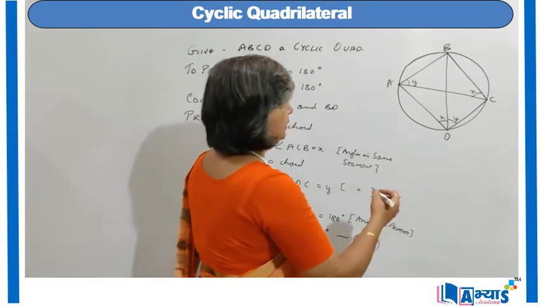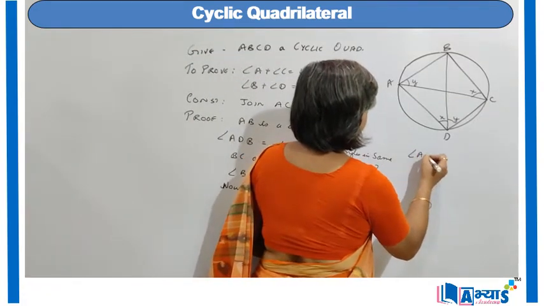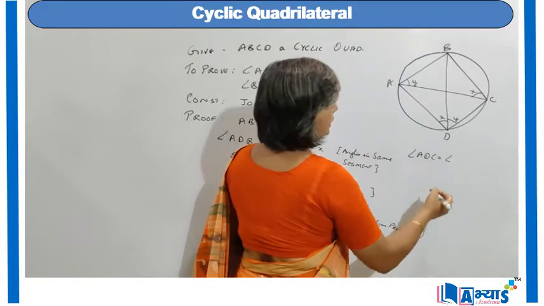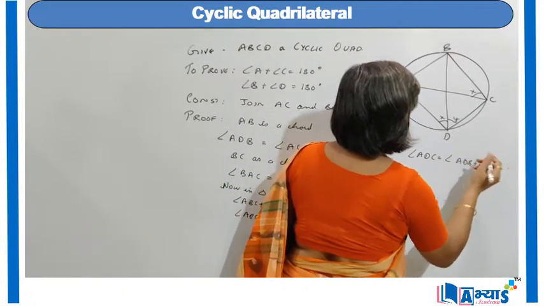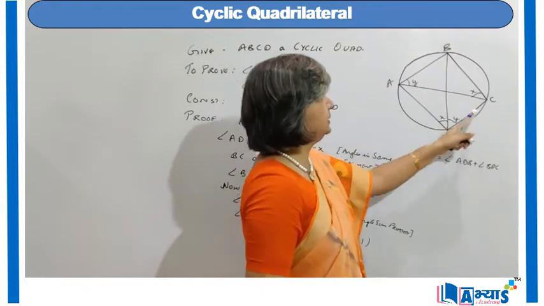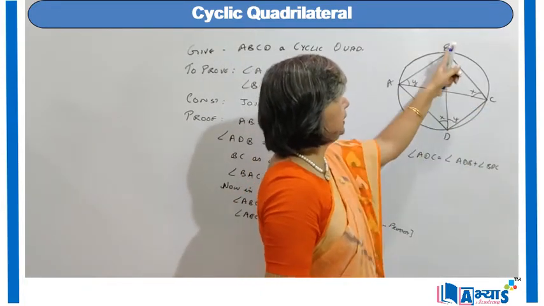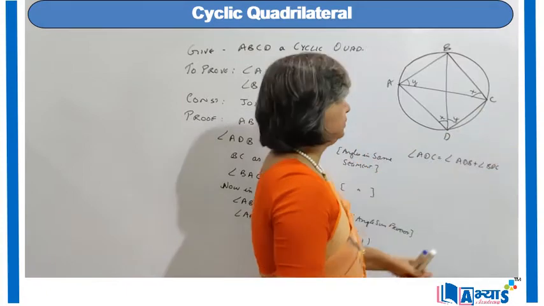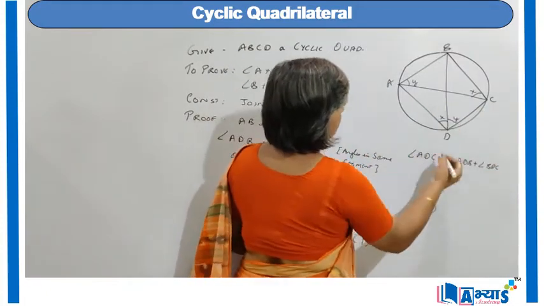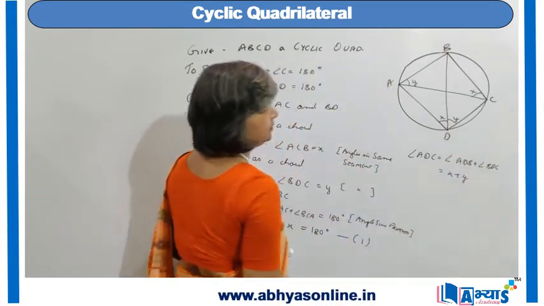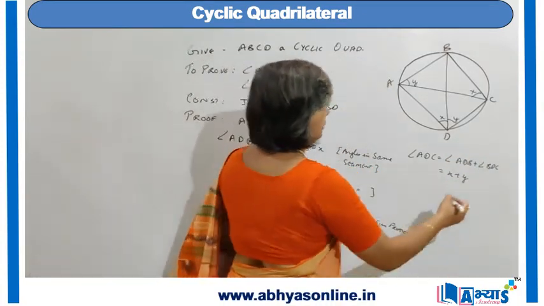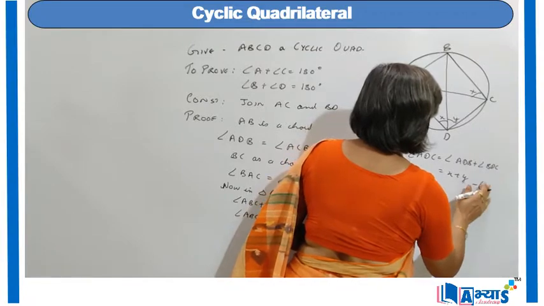So we know that angle ADC is equal to angle ADB plus angle BDC. As we know that ADB is x and BDC is y, it is equal to x plus y. Let us take it as equation 2.